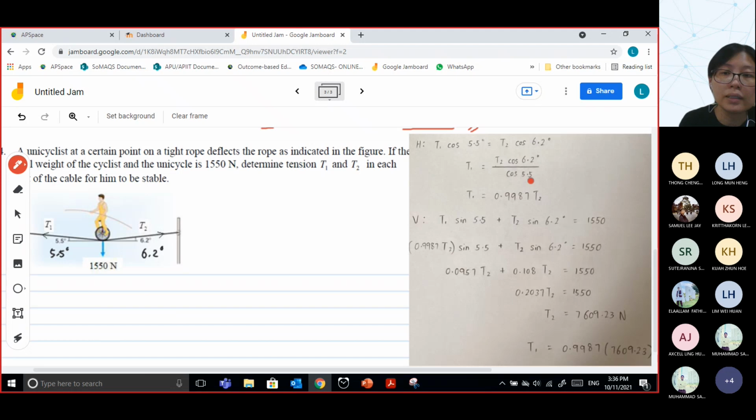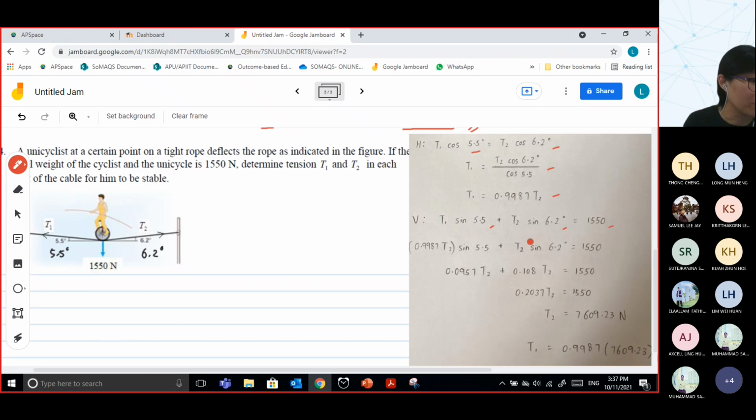The horizontal will be T1 cos 5.5 equals T2 cos 6.2, correct? Then T1 is T2 cos 6.2 divided by cos 5.5, which is 0.9987, correct? Then vertical will be T1 sine 5.5 plus T2 sine 6.2 equals 1550, correct?